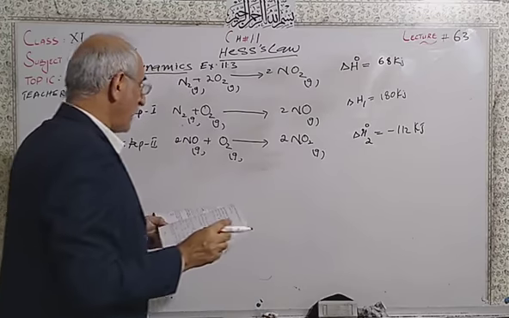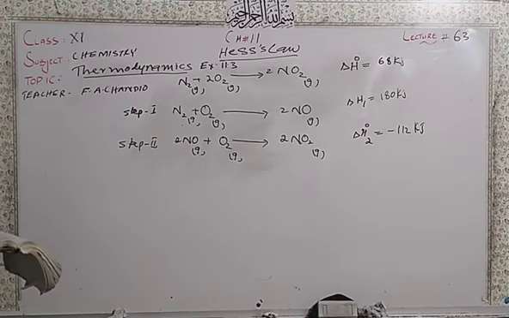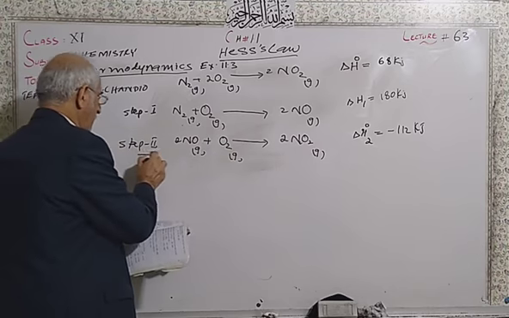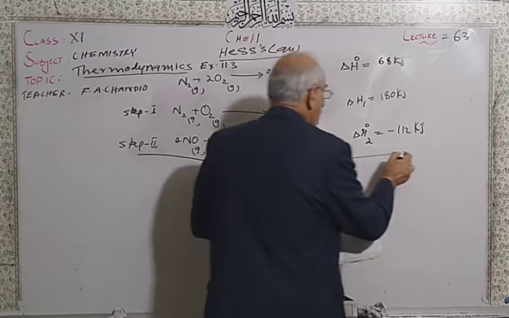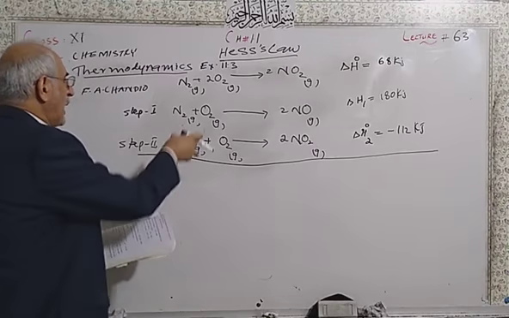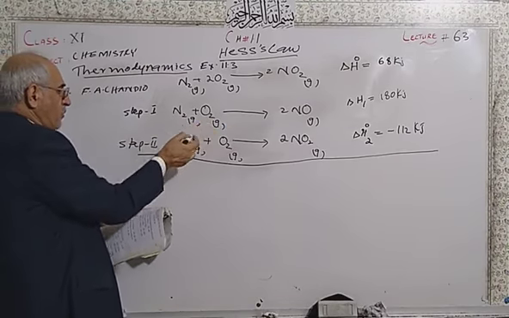The first step is endothermic and the second step is exothermic. A plus sign or no sign indicates endothermic, and a negative sign indicates exothermic.